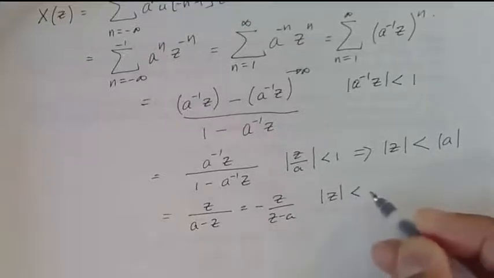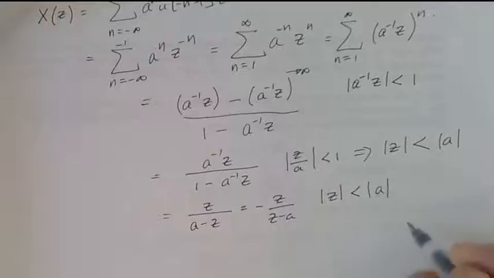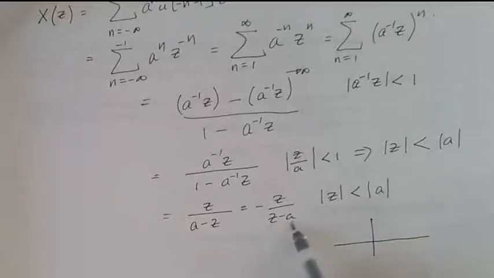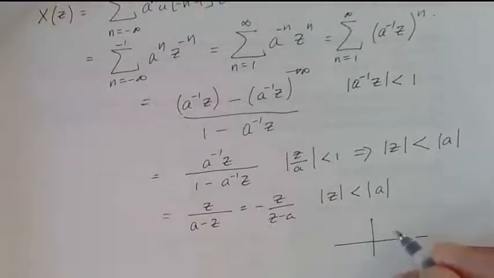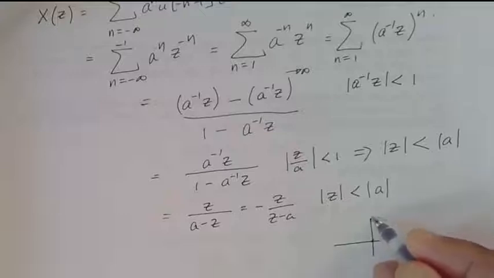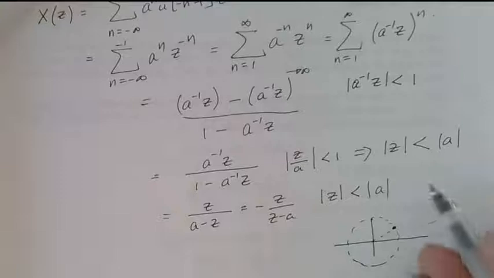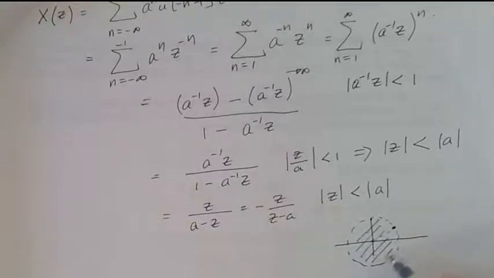z less than a. So if a is some point in the complex plane, notice again, my pole is at a, and if a is some quantity in the complex plane, I take the magnitude of that, draw a circle, and now the region of convergence is all values of z inside of that circle.